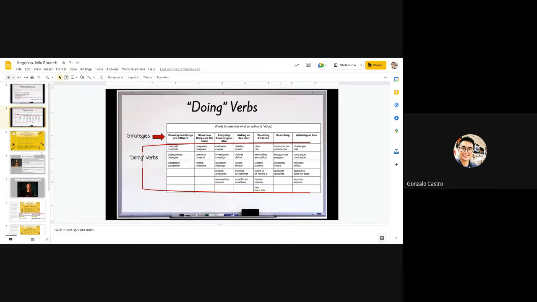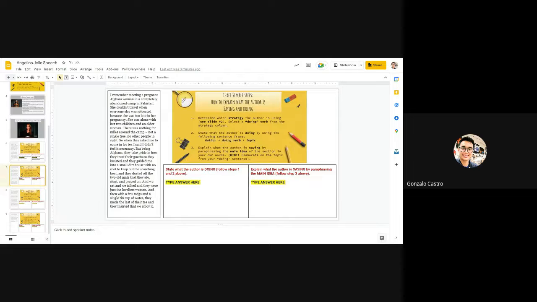I'm going to go ahead and go with the verb recounts. So let's go back to slide 7. Once again, we want to follow that sentence frame from step 2. So I'm going to start by putting the author's last name. The doing verb that I'm selecting is recounts.